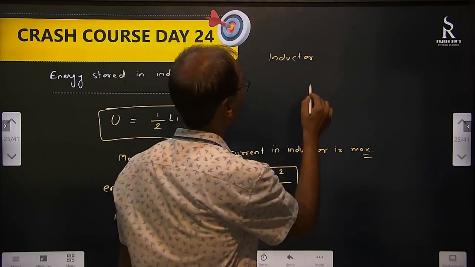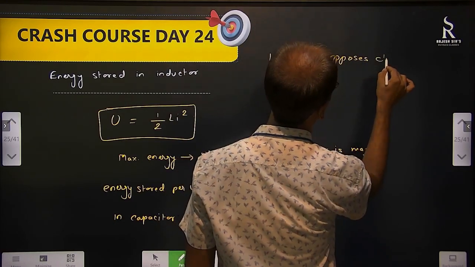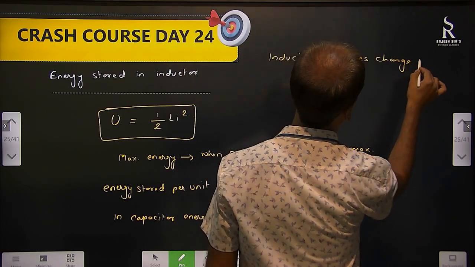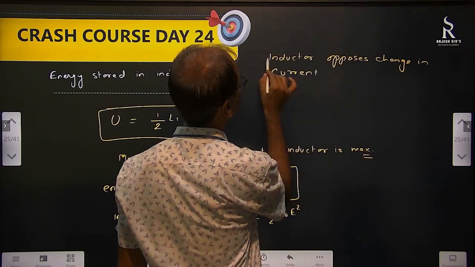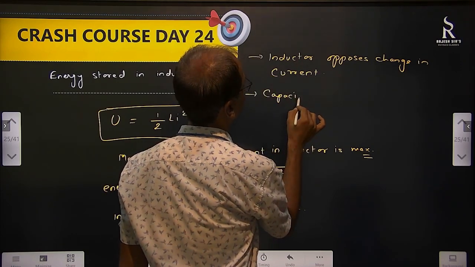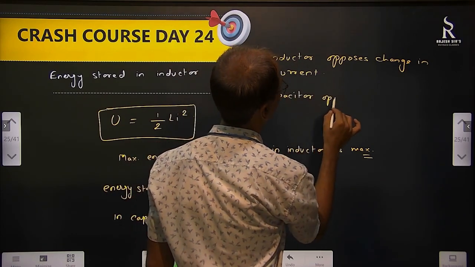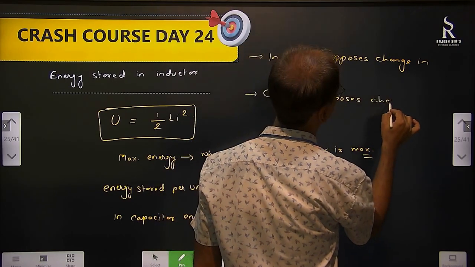So inductor opposes change in current, whereas capacitor opposes change in voltage.